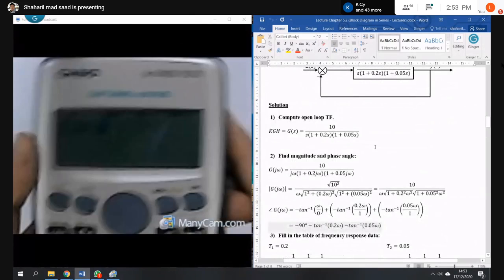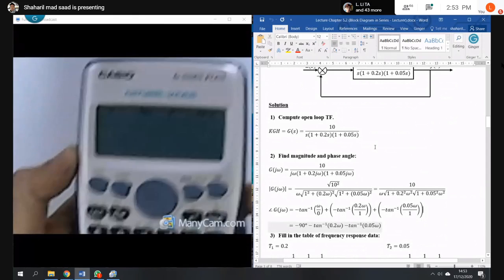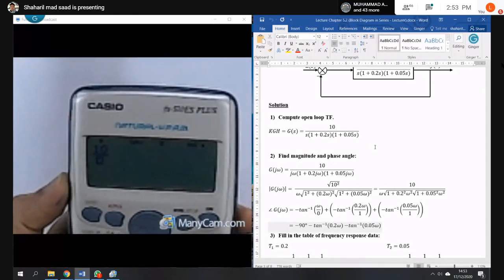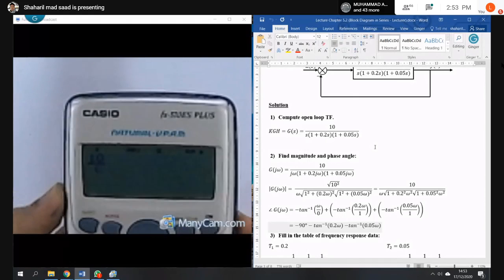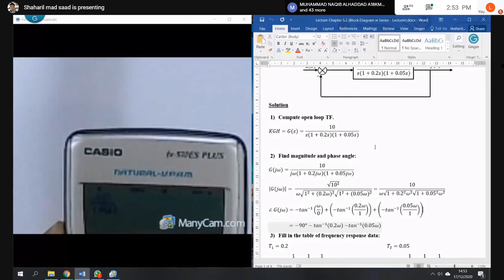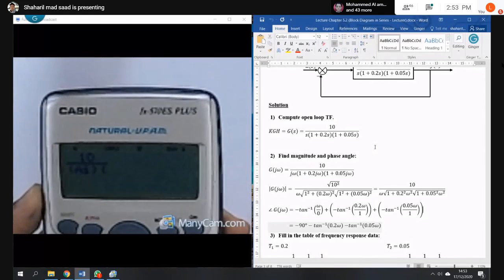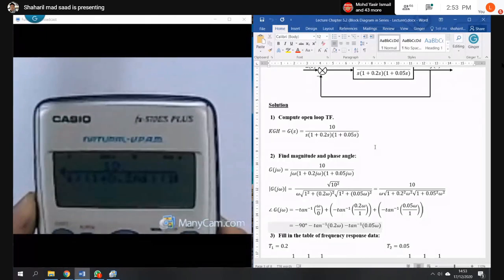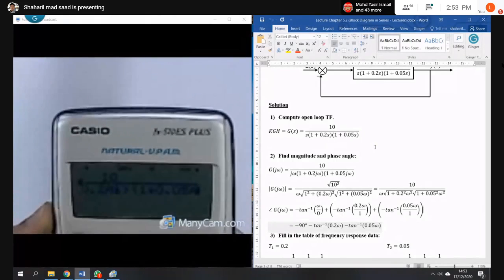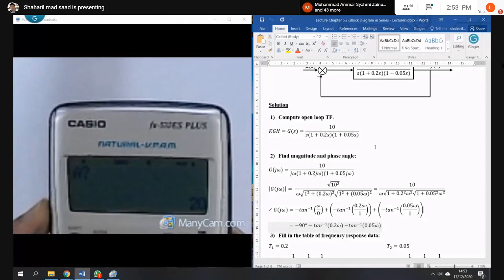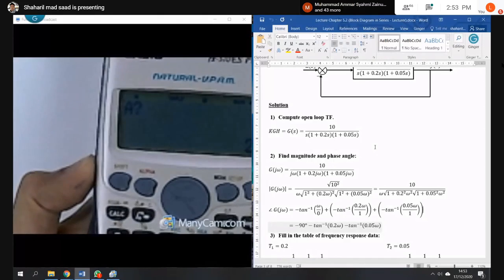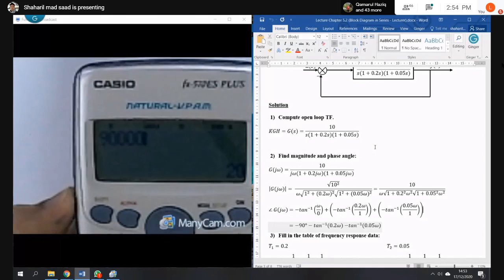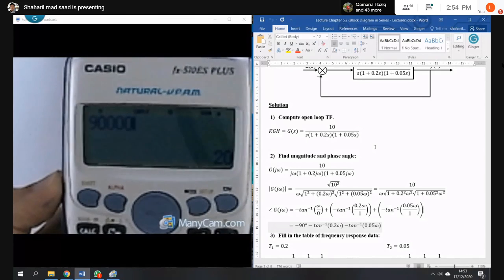Okay. You use your calculator, right? 10 divided by j omega, you times with 1 plus 0.2 j omega, you times with 1 plus 0.05 j omega. Then you calculate. So how can we find the magnitude for the infinity? Then you put it around 19,000, right?